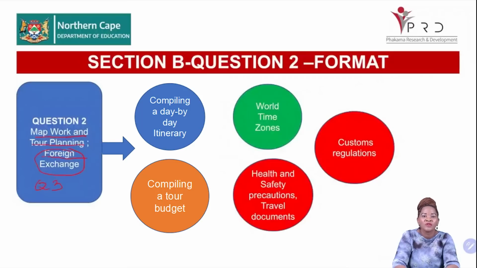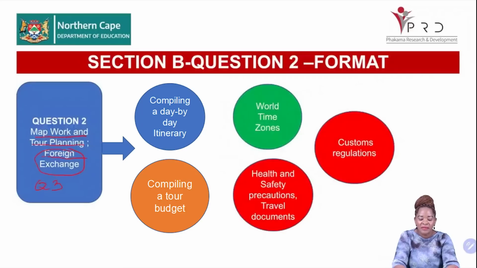It is where you are doing the red channel, the green channel, the wines, the cigarettes, or the prohibited goods, the duty-free goods, all that content. It was dealt with under customs regulations. Compiling a tour budget, and also health and safety precautions, and also travel documents.